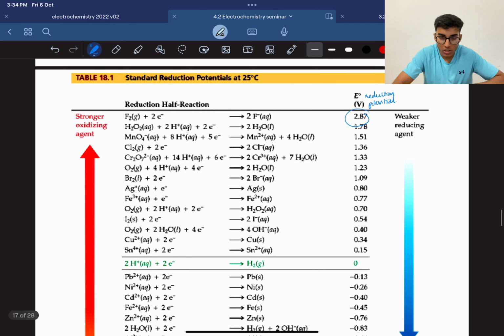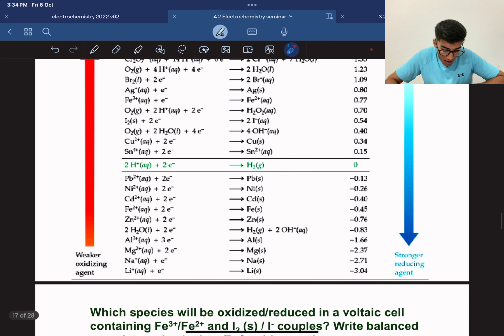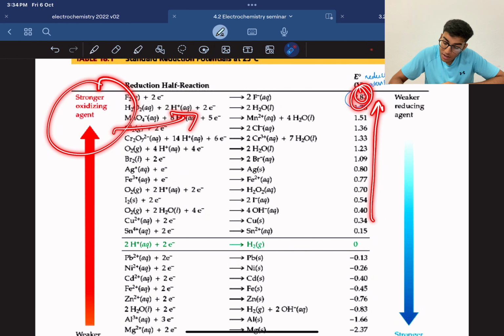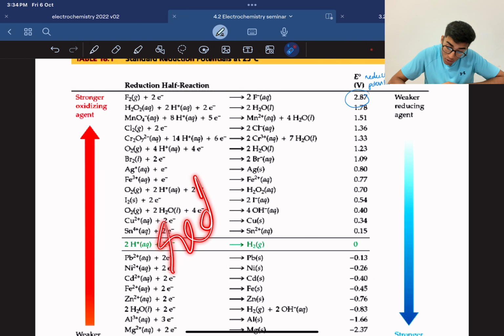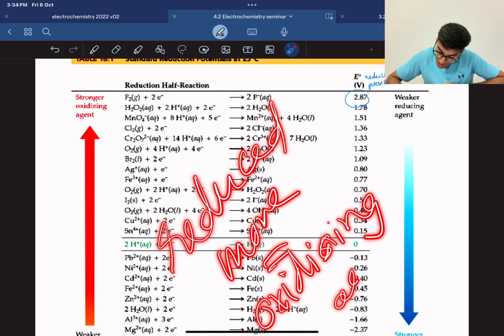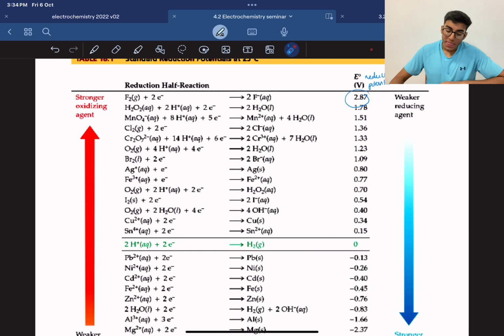Boom. So now you're going to understand the chart. It says over here stronger oxidizing agent as we increase the value, because we know that this is gonna get reduced more. Reduced more equals better oxidizing agent.